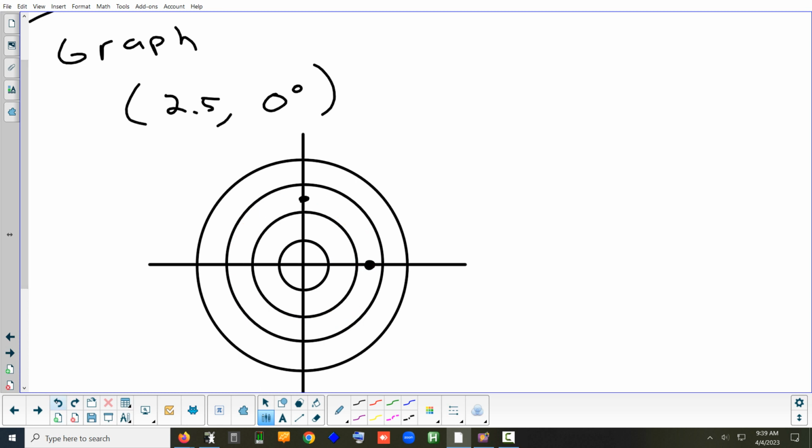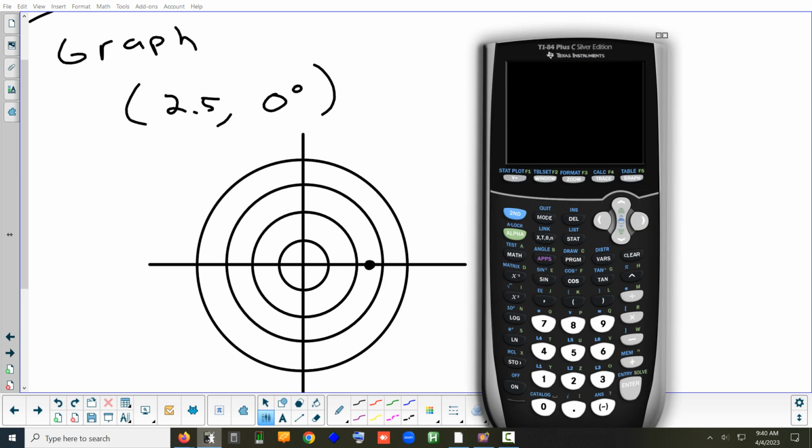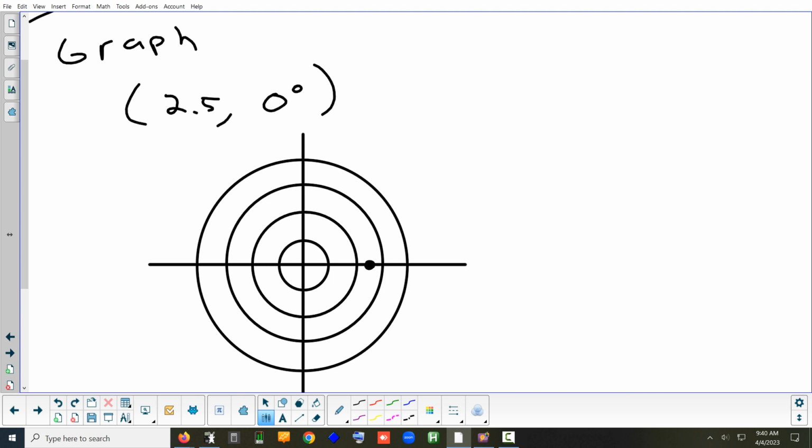If you had something that has an angle bigger than 360, the first thing that I always do is subtract 360 from it to make the angle smaller. So you always want to be dealing with a number here that's between 0 and 360. Well, actually, negative 360 and 360. Any more than that, you're just making unnecessary revolutions. That's a good question.